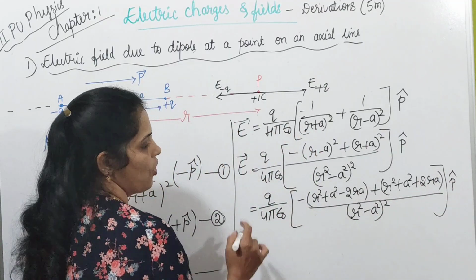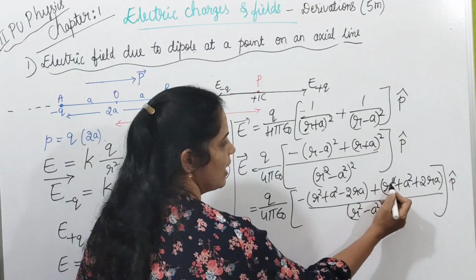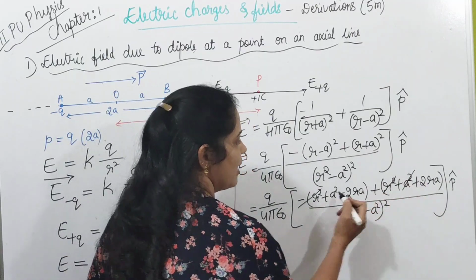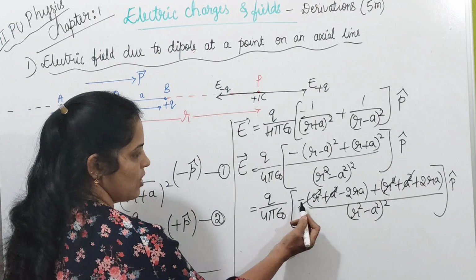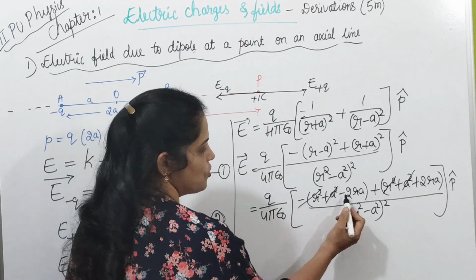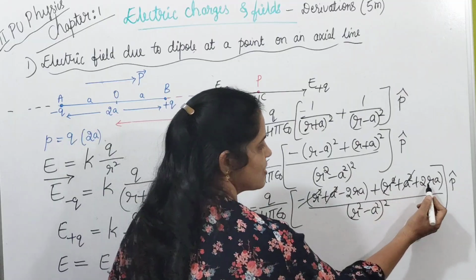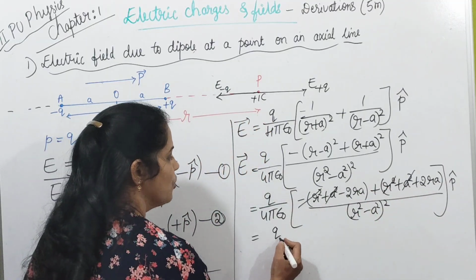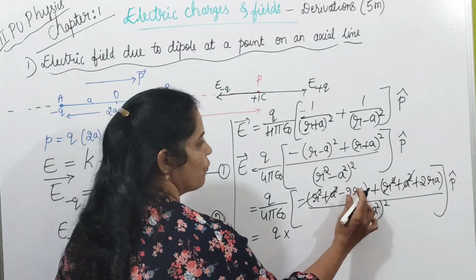Now cancel the common terms. See here R square and minus R square cancel, and A square minus A square cancel, because if you multiply here it is minus A square, and minus into minus is plus 2RA, plus 2RA becomes plus 4RA. Let me write this as Q into, see, plus 4RA.